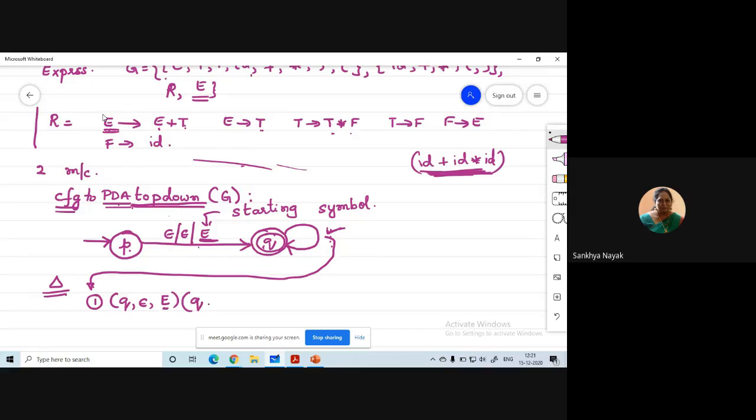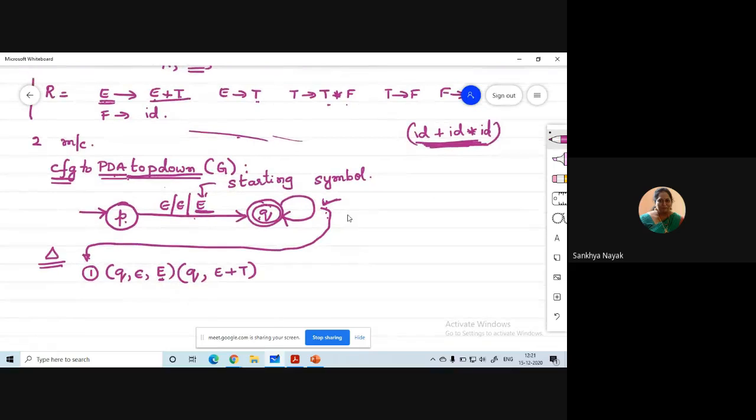That E has to be replaced as E plus T. Or if you have E, you can choose to replace it by T, isn't it? For E being the left hand side, you have two right hand sides.